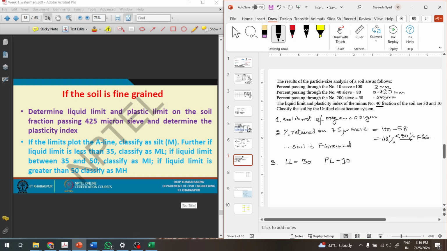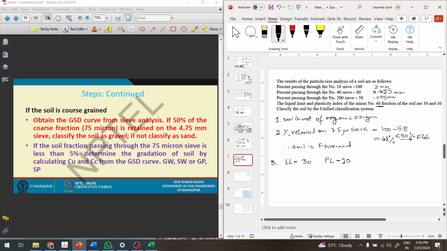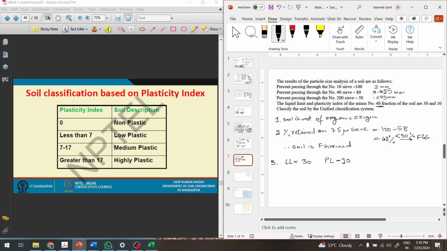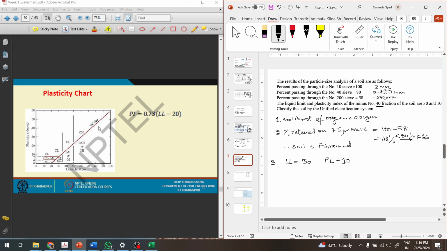Next, plot the A line, classify. Now, what is the formula for our A line? PI equals 0.73 times liquid limit minus 20.